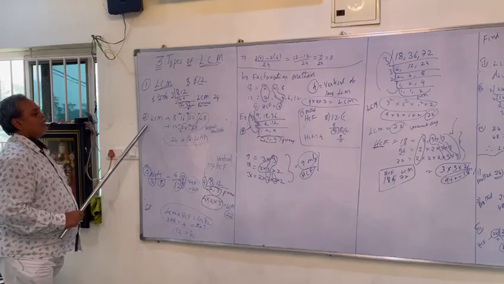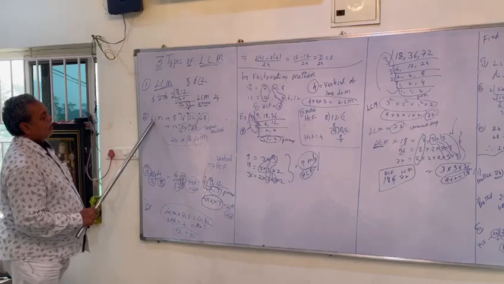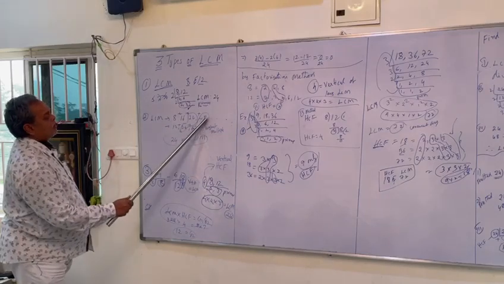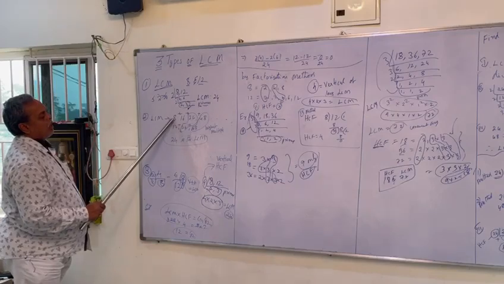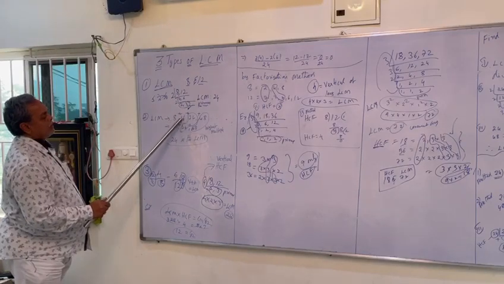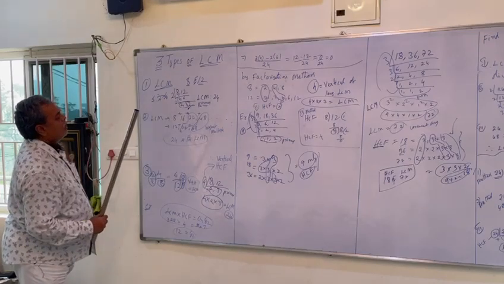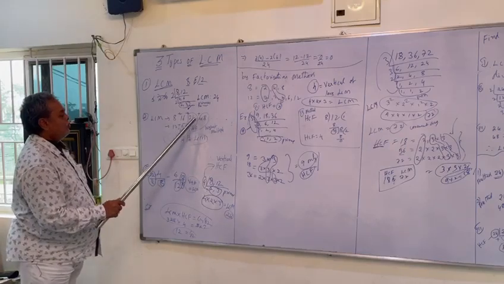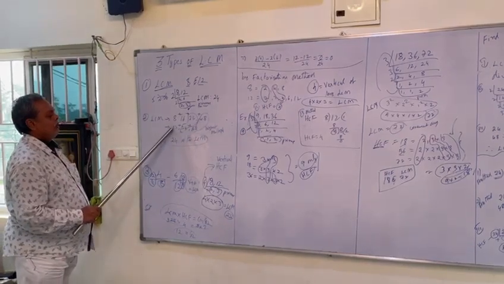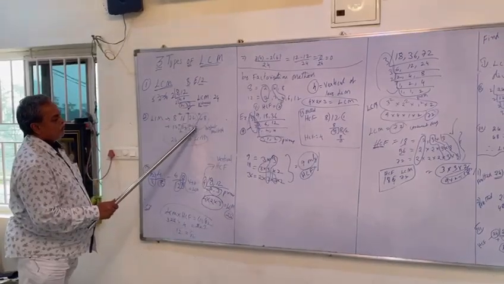Second method, the multiples method. Multiples of 8 are 8, 8 plus 8 is 16, 16 plus 8 is 24, 24 plus 8 is 32, and so on up to 48. For 12: 12 plus 12 is 24, 24 plus 12 is 36, then 48.